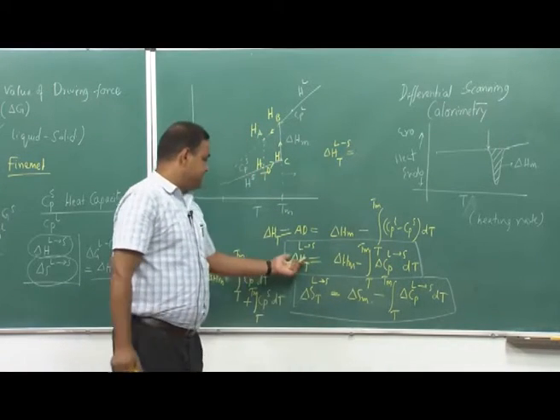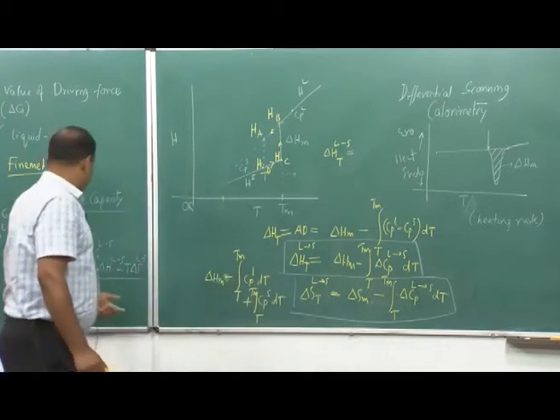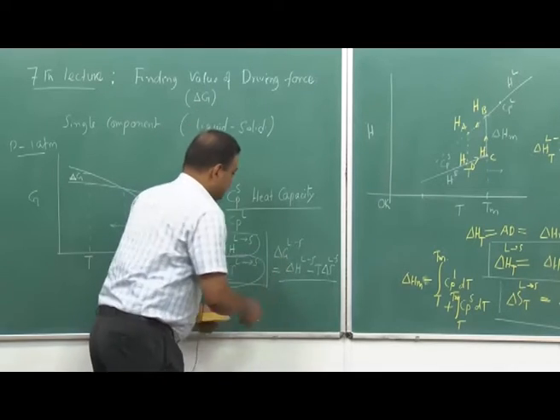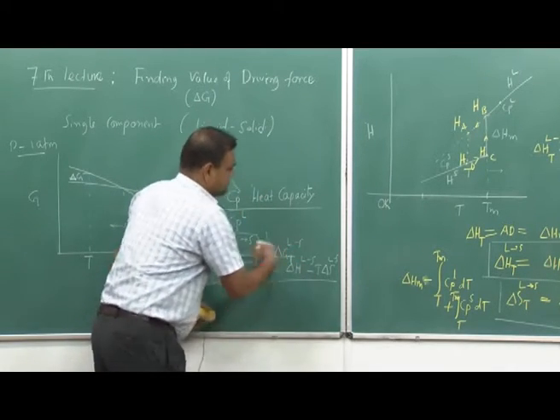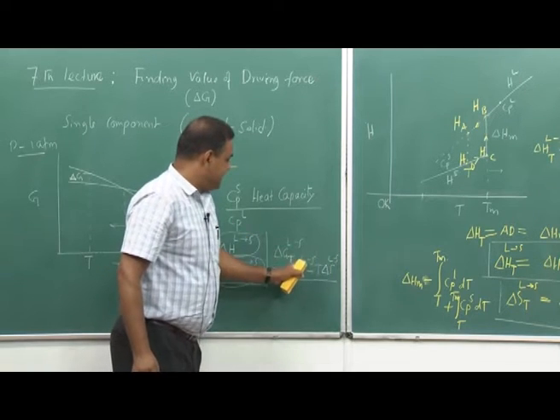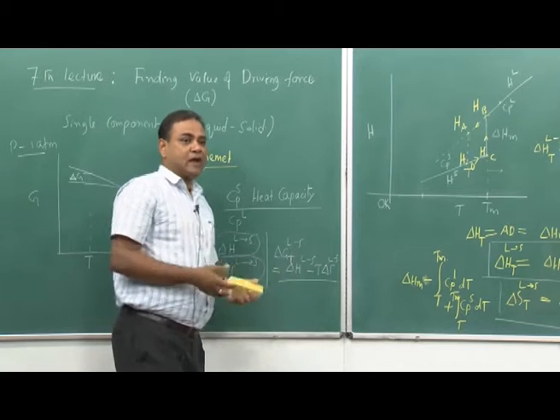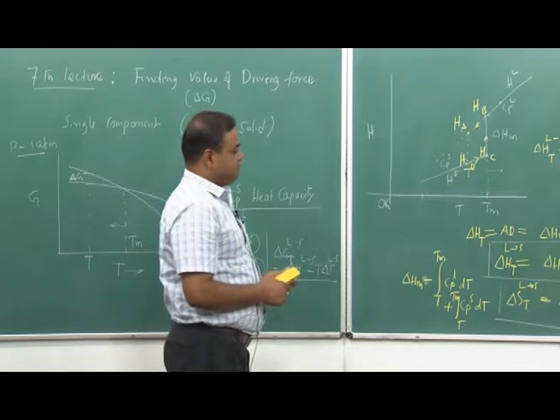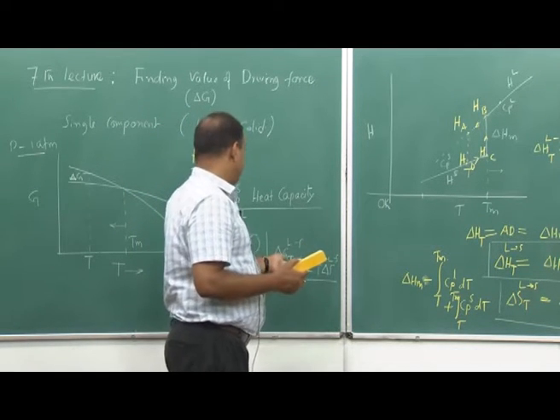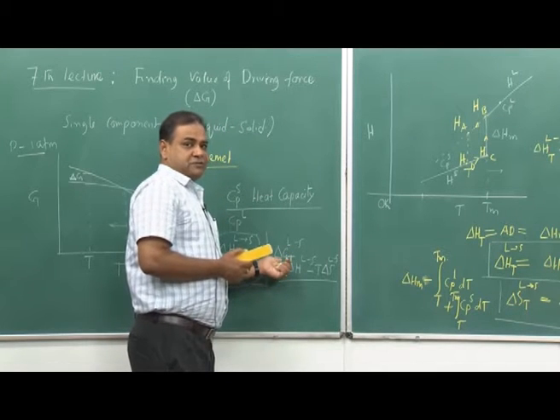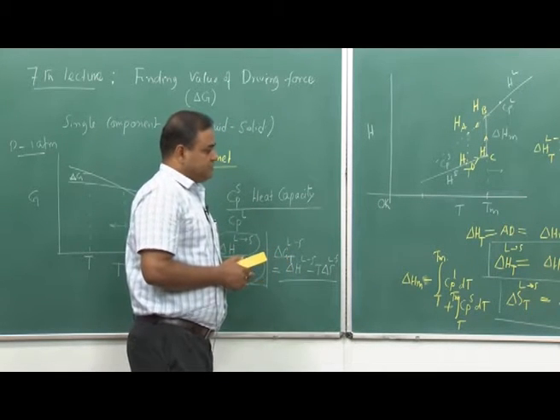So, I get these two parameters. Here I just replace those del H and del S terms, and T I know, where I would like to do my experiment, and rather where I would like to find out the driving force, which is the free energy difference.